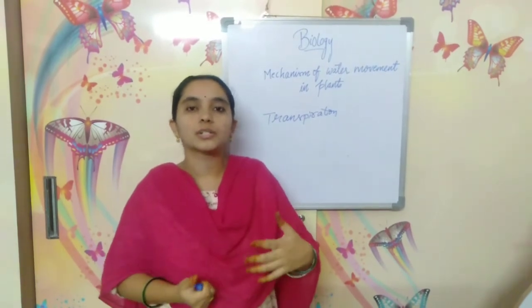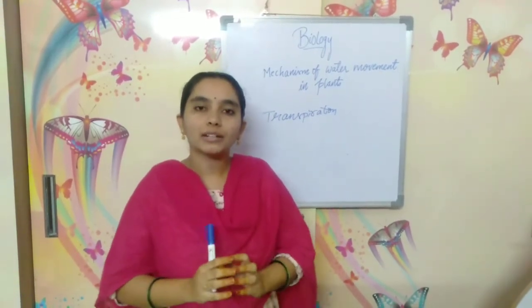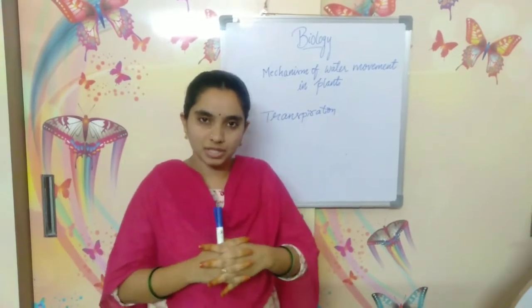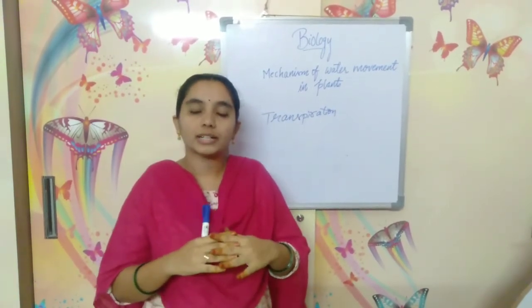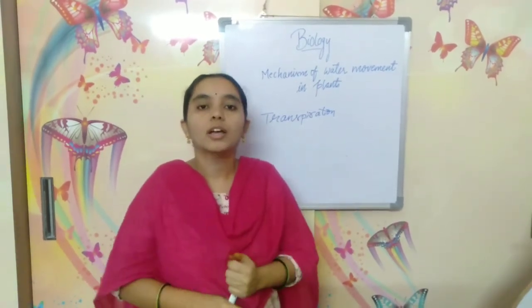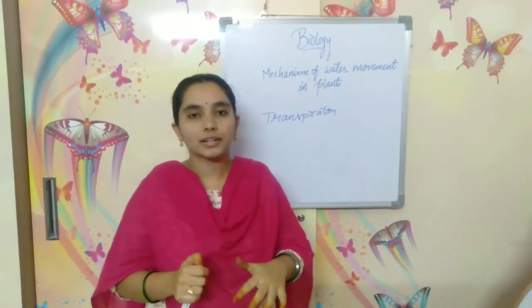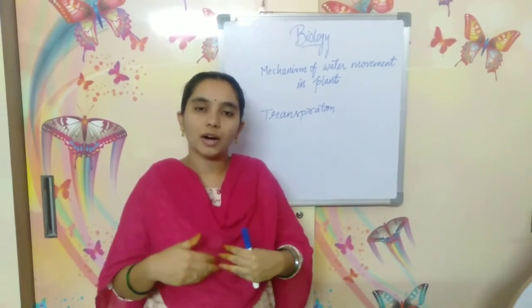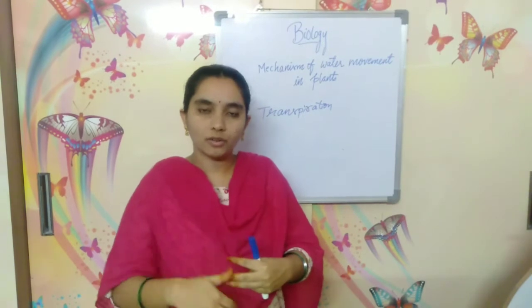As you know, stomata open and close whenever they have to take in or give out substances like air and water. In transpiration, leaves evaporate water out of the plant.